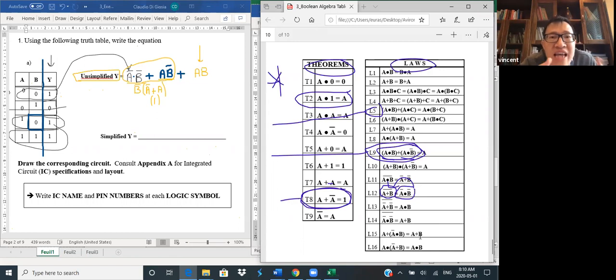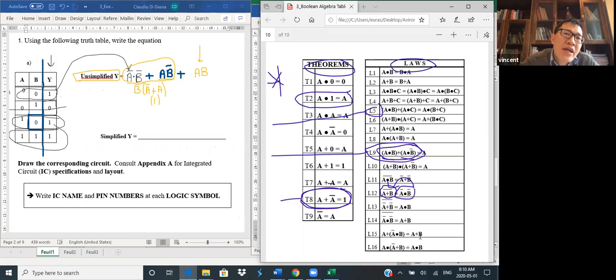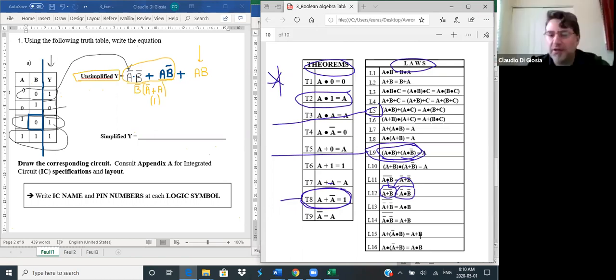You only use the theorems to prove the law. You can't use just the theorems to prove the laws. Oh, okay. I'll try my best. If you use the truth table, you can. Yes, I know. Okay, so we're good. You know they work then.